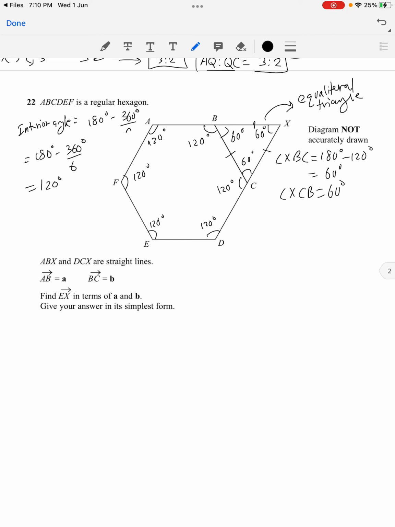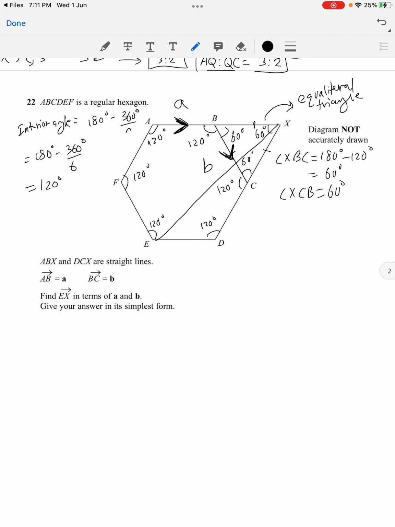The whole aim now is to find out what EX is. EX is just a straight line, E and X, these are 2 points that you have to find in terms of a and b. Once we have found all the angles, we know that AB is equal to a, the forward direction of a, and BC is b.